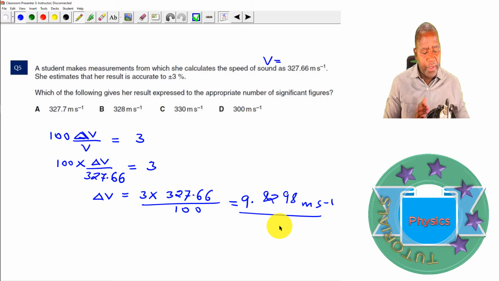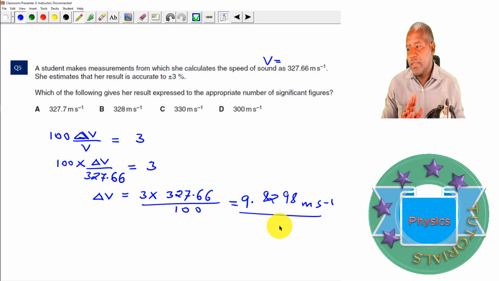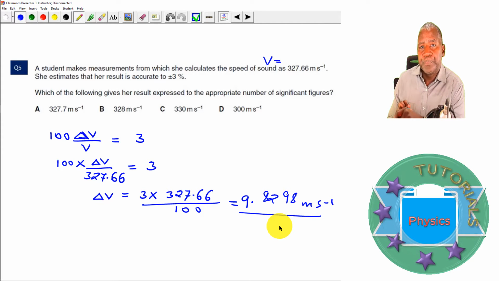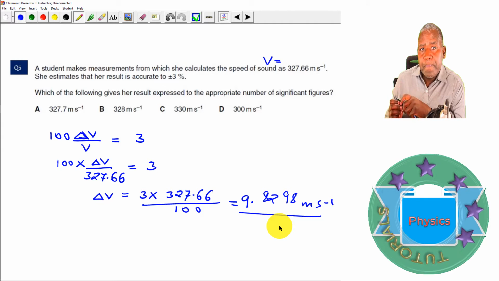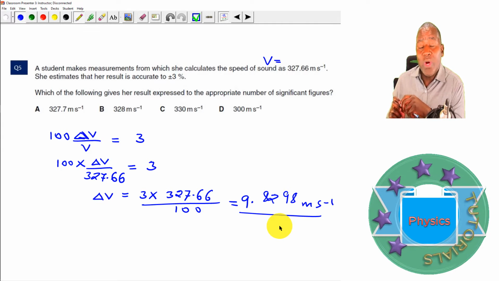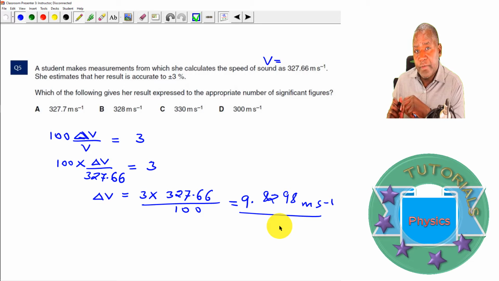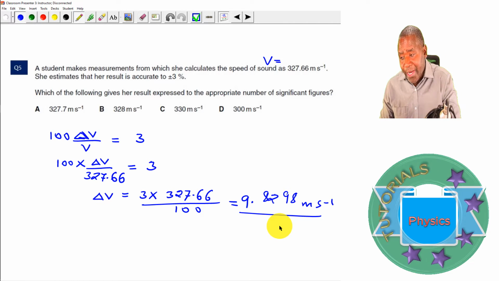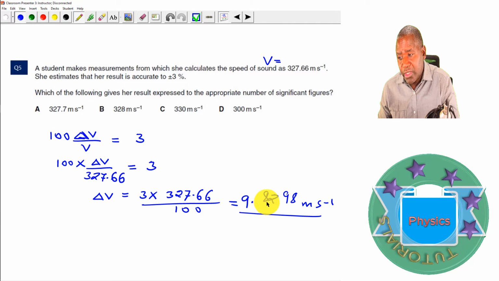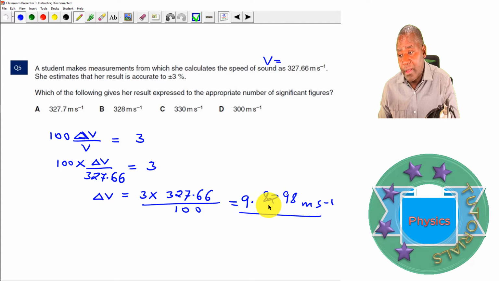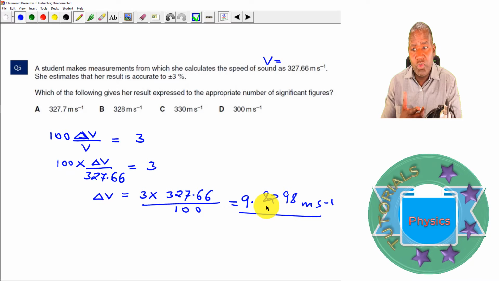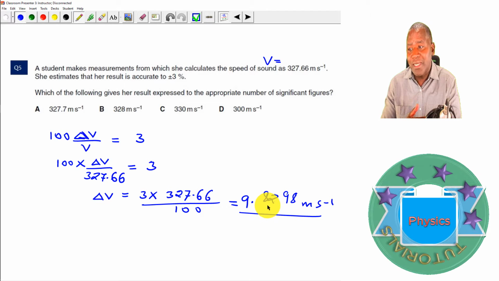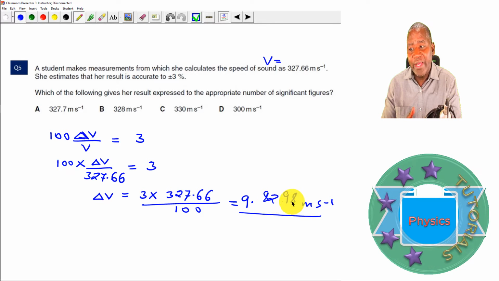Now, the point I'm emphasizing in this question is this: uncertainties are usually written to one significant figure, because if we are uncertain about 9, 8 is not worth writing down. We're even more uncertain about 8 or 2 or 9 or 8.